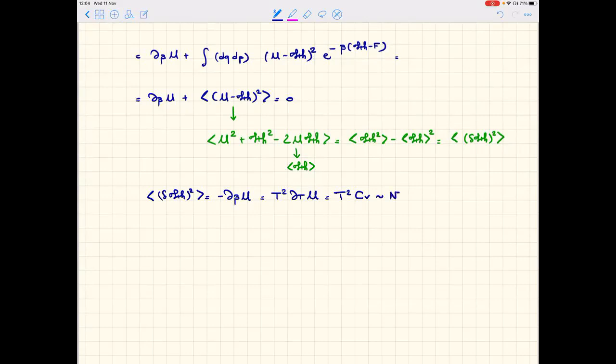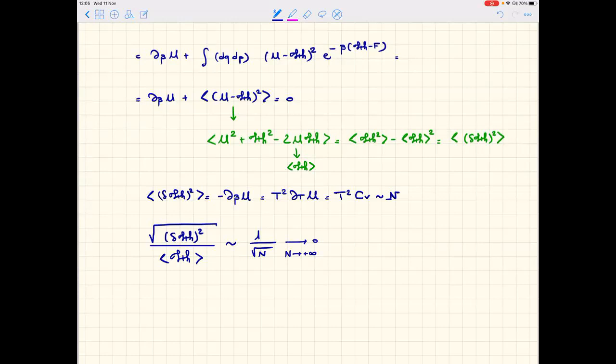This goes like N. And therefore, if I take the square root of this and compare it to the average energy that, of course, scales like N, I obtain something that scales like 1 over square root of N, because I have square root of N divided by N. And this goes to 0 in the thermodynamic limit.